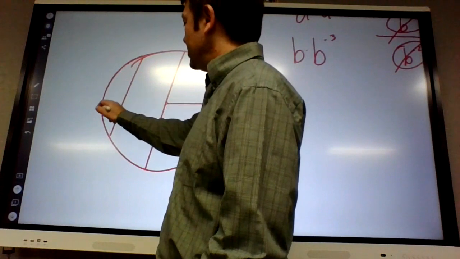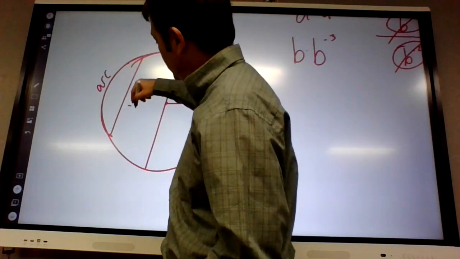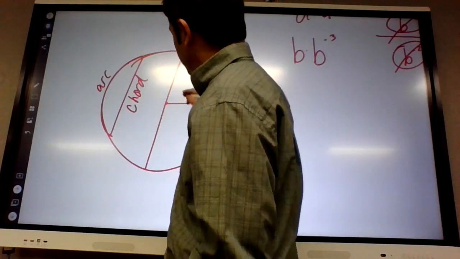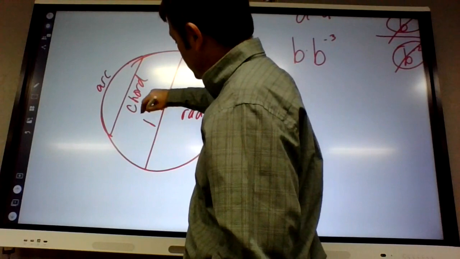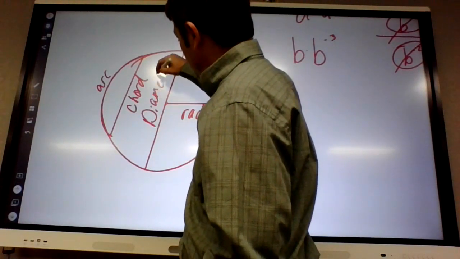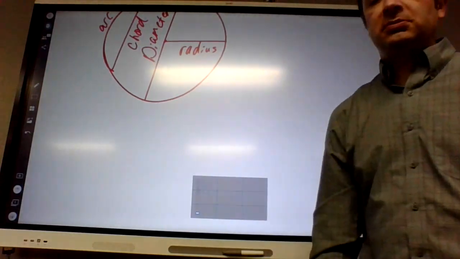What's this called from here to here? Arc. Chord. Radius. Diameter. Okay. Alright.